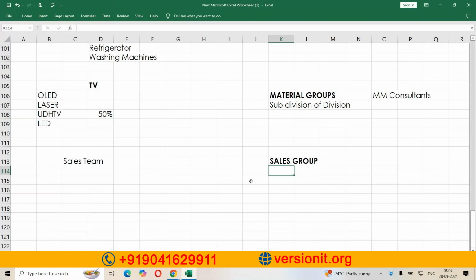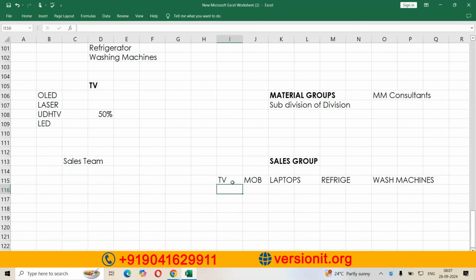So one group will be taking care of selling TVs, one group selling mobiles, another group laptops, another group will be selling your refrigerators, another group will be taking care of selling only your washing machines. Like that, we are going to have groups.